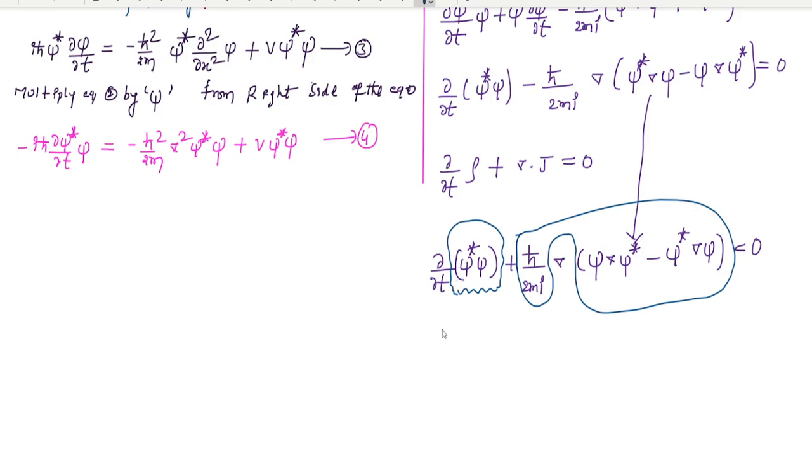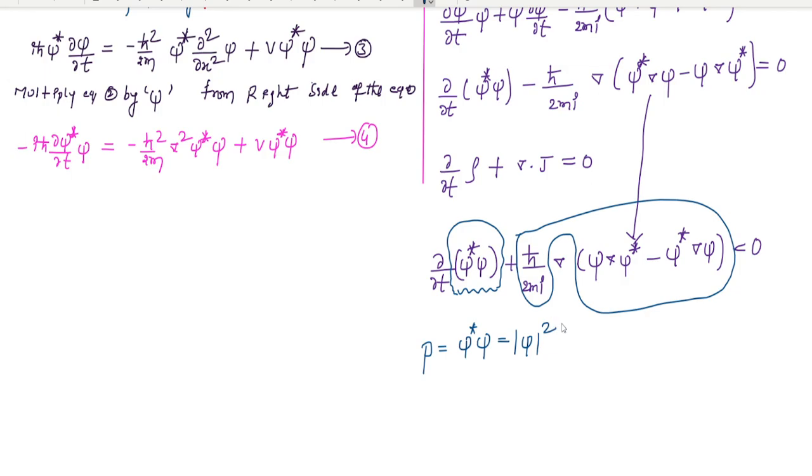So here the ρ means probability density. We give the letter P in quantum mechanics, right? Let's go for the P term. P is the probability. ψ*ψ is nothing but probability density. What is the difference between probability density and probability?